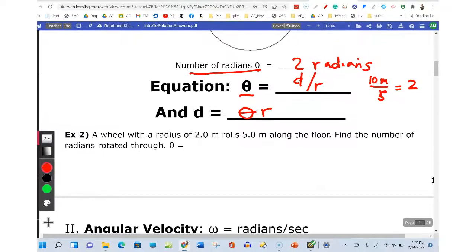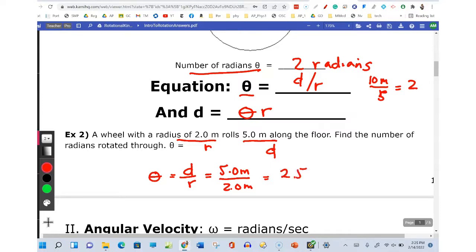A wheel has a radius of 2, that's r, and it rolls 5 meters along, that's your d. What's the number of radians? The number of radians equals d over r, just the regular distance that you covered by rolling, 5 meters, and your radius was 2. That was just given. So you've traveled 2.5 radians.